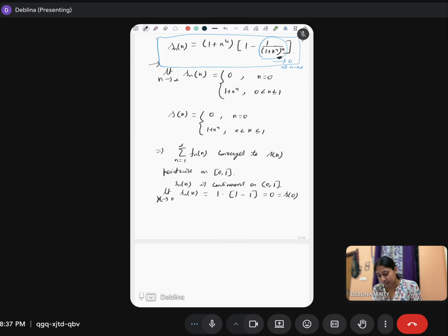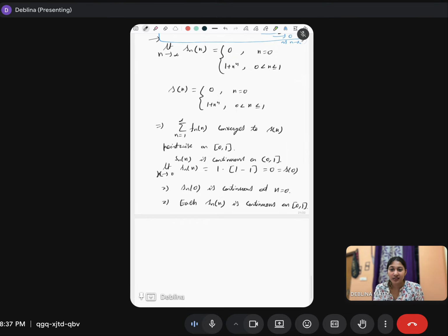So this means S_n(x) is continuous at x equals 0. So each S_n(x) is continuous on the closed interval [0,1], right?